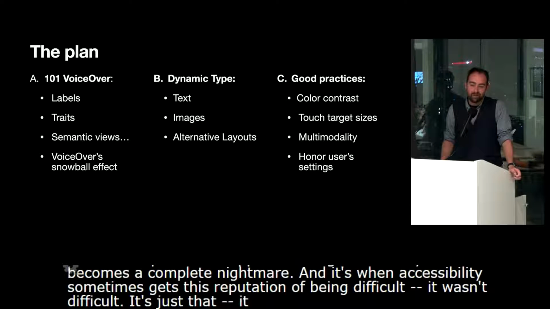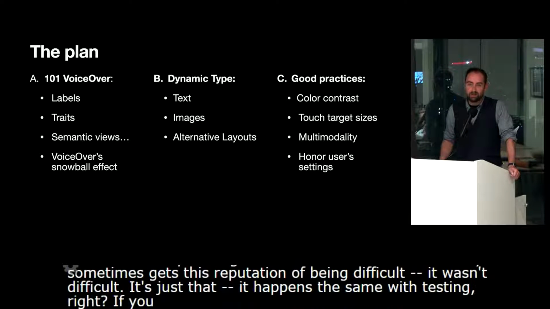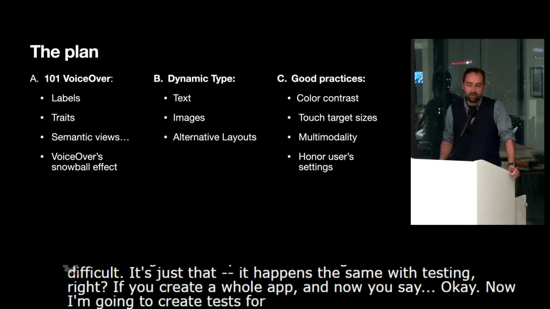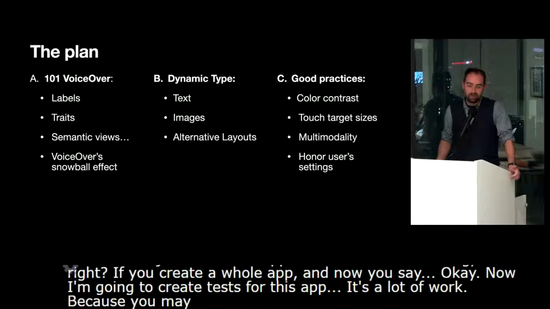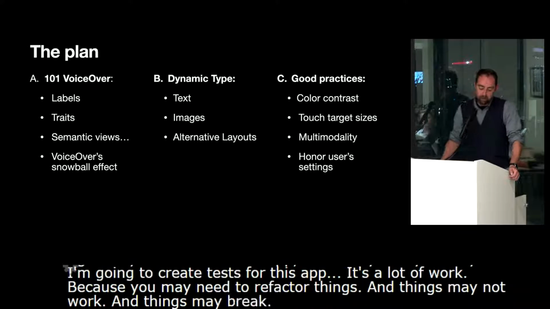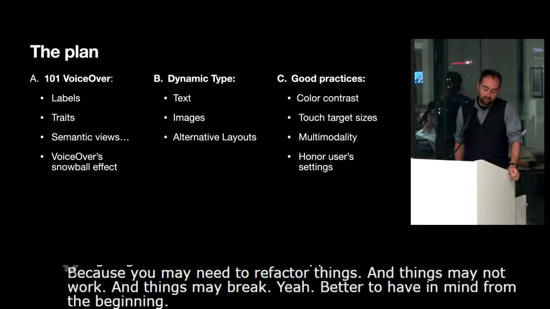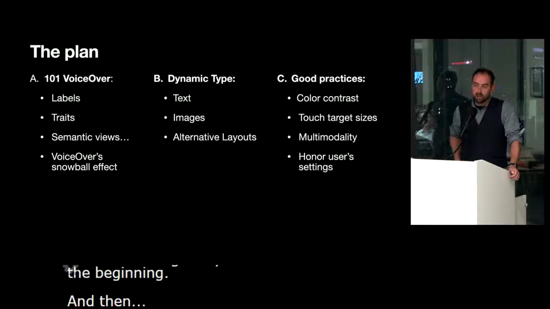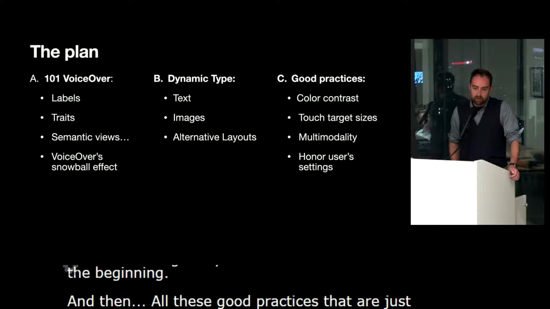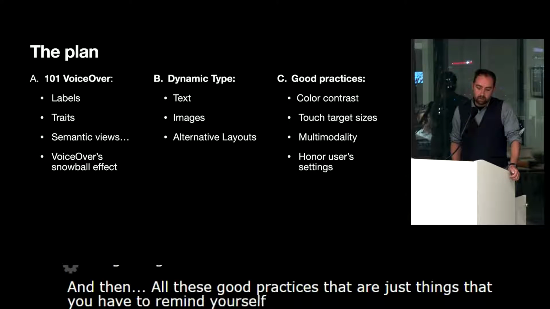If you create a whole app and now you say, okay, now I'm going to create tests for this app, it's a lot of work, because you may need to refactor things, and things may not work, and things may break, and it's better to have it in mind from the beginning. And then all these good practices are just things that you have to remind yourself constantly, and keep in mind when you are implementing something new as well.